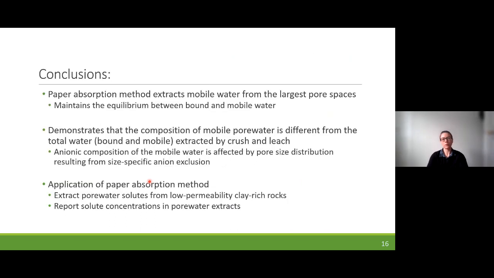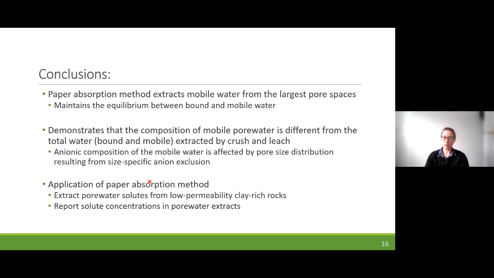So, to conclude, we have shown that the paper absorption method extracts the mobile water from the largest, most interconnected pore spaces while maintaining an equilibrium between the bound and mobile waters. We've also shown that the composition of the mobile pore water is different from that of the total water, which is extracted by the crush and leach method.